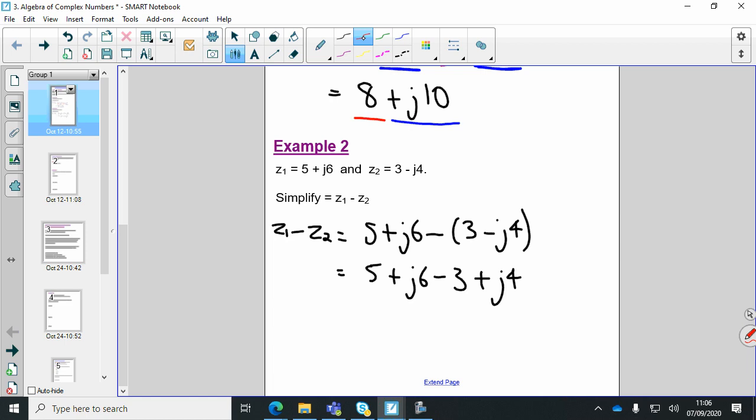So once we've done that little bit, the real numbers go together, and then the imaginary numbers go together. So 5 minus 3 is 2 for the real part, and for the imaginary part, we've got plus J6 plus J4, so that's plus J10.